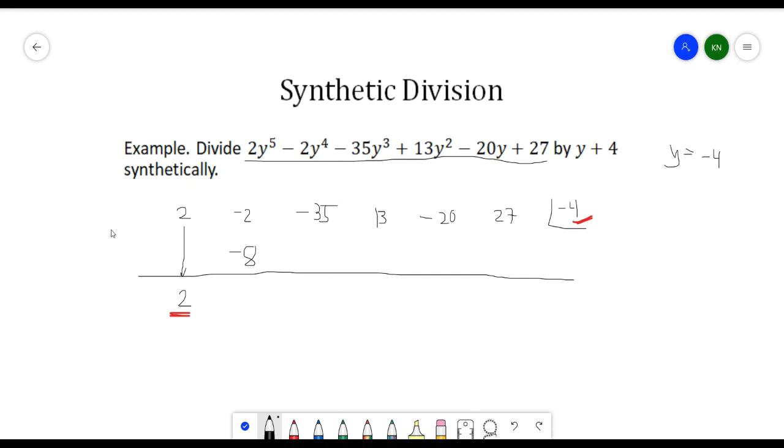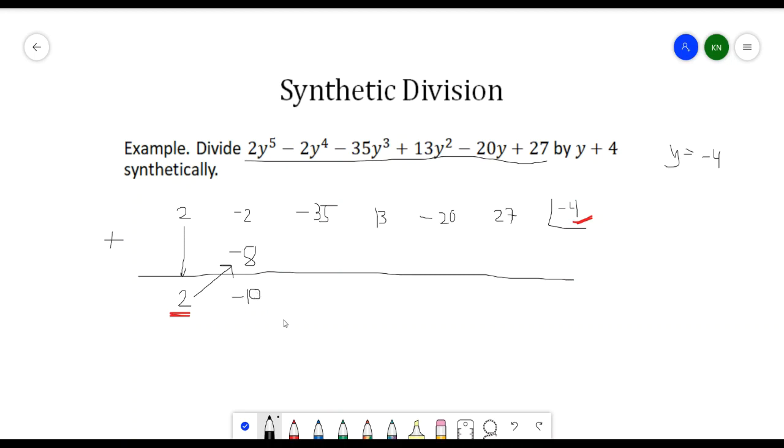Now, you need to write the answer of their product in the second line. So, after you write the product of the 2 and negative 4, you need to add this line in the second line. Now, negative 2 plus negative 8, we all know that is equal to negative 10.